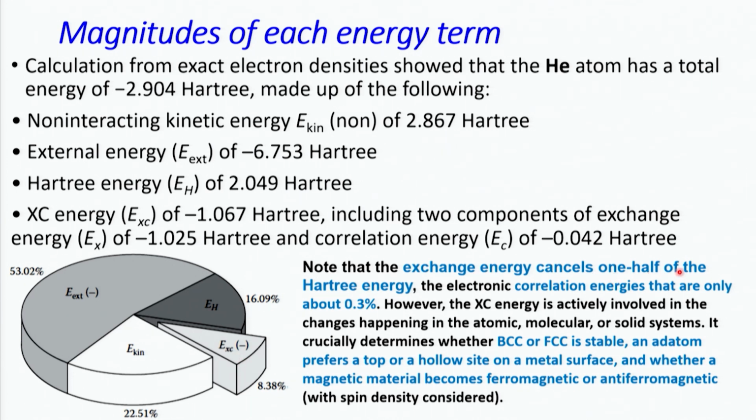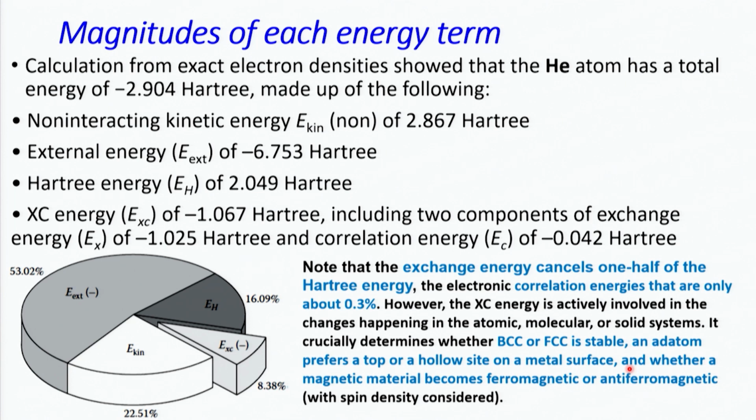So the exchange energy cancels one half of the Hartree energy, and the electronic correlation energy is only about 0.3%. However, the exchange correlation energy total is around less than 10%, but among these the correlation energy is only 0.3%. However, exchange correlation energy is actively involved in the changes happening in atomic, molecular or solid systems, and it crucially determines which crystal system is stable, either BCC or FCC, whether an atom prefers a top or a hollow site on a metal surface, and whether a magnetic material becomes ferromagnetic or antiferromagnetic.